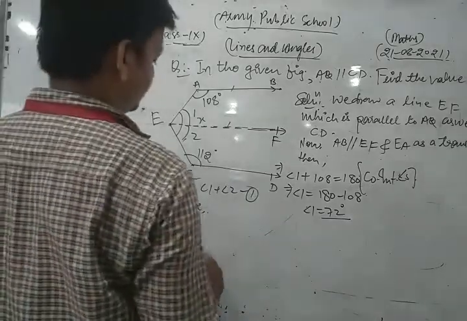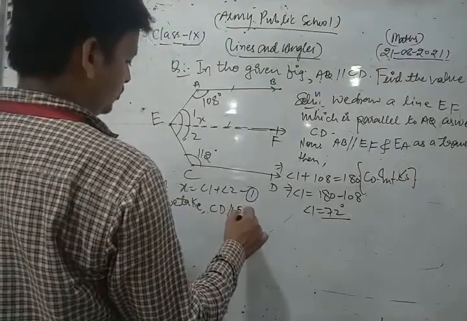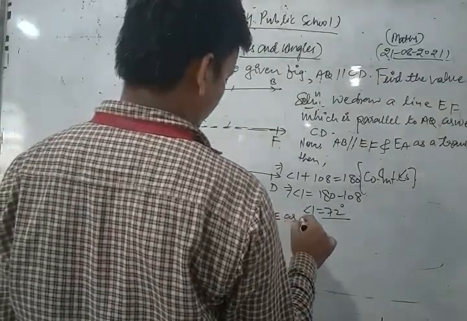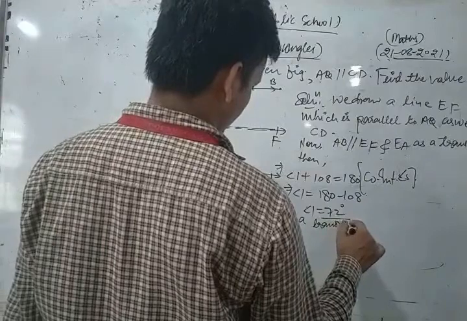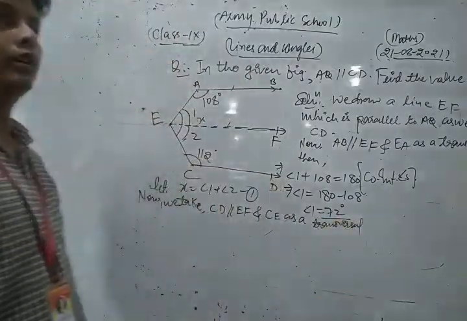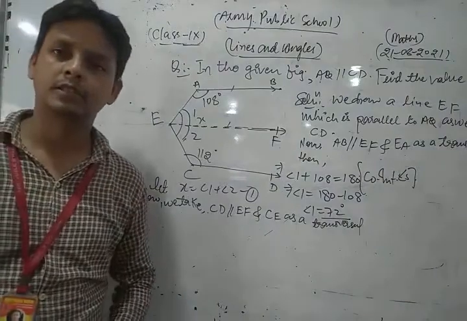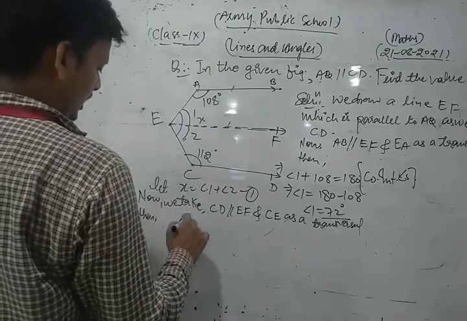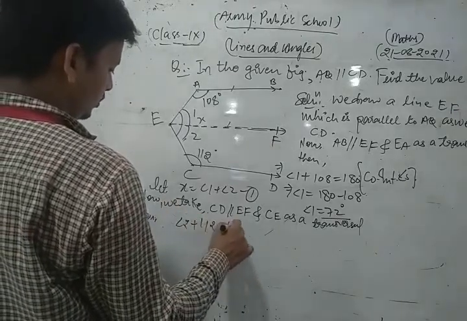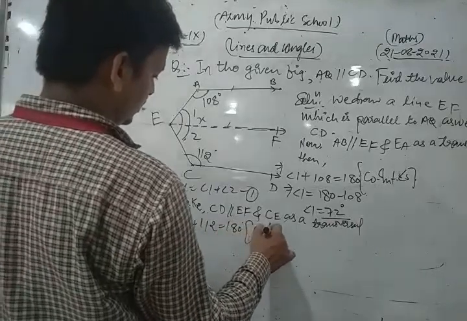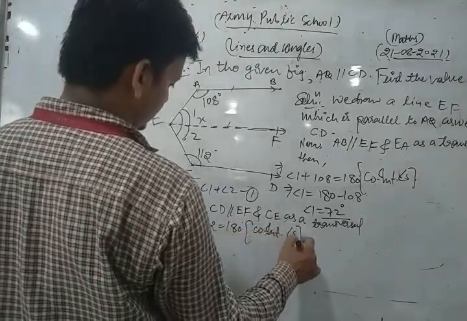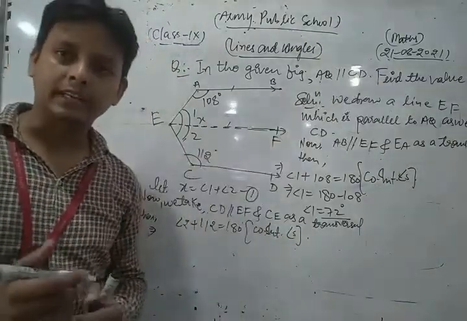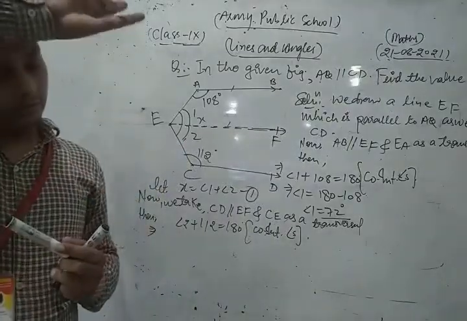Now we take CD parallel to EF and CE as a transversal. Then angle 2 plus 112 is equal to 180, because these are also co-interior angles, and we know that co-interior angles are supplementary to each other.